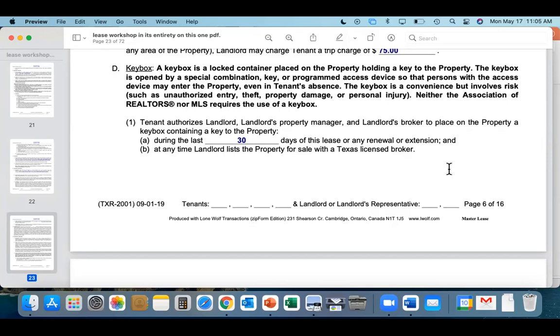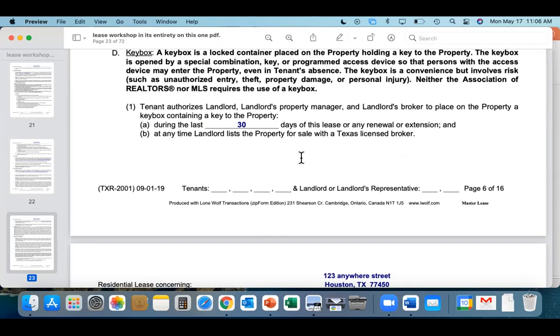So why do we have a key box authorization form? So this states in here that we're going to do that, but then we need a separate key box authorization form just to make sure at the time this occurs that they're also ready, willing, and able to do that.